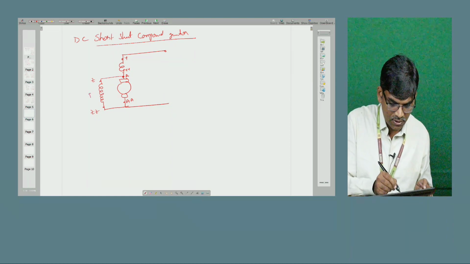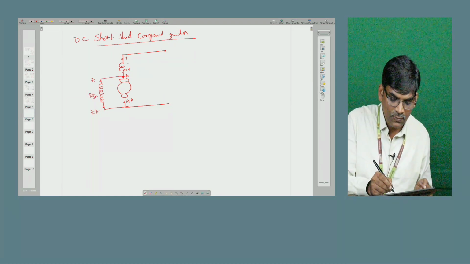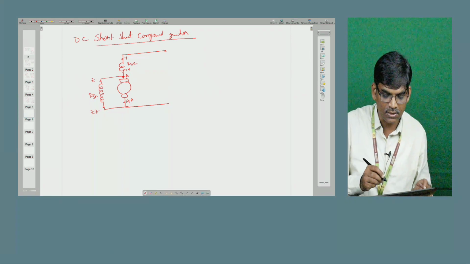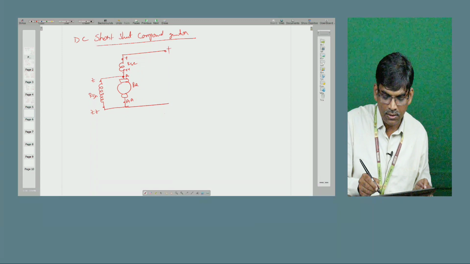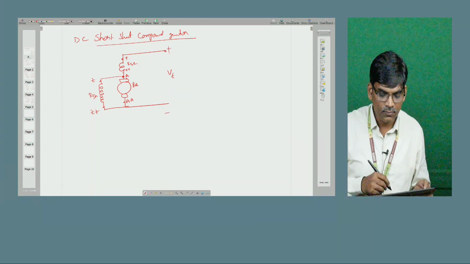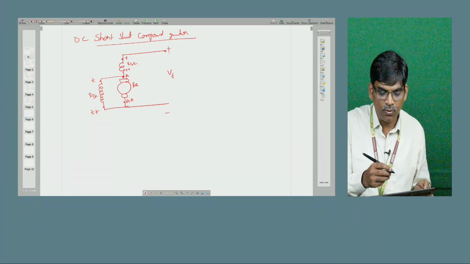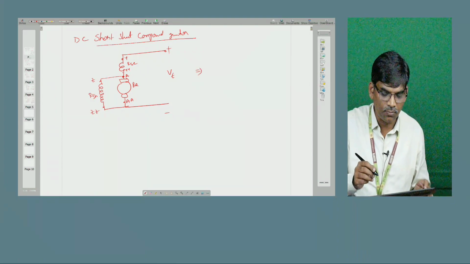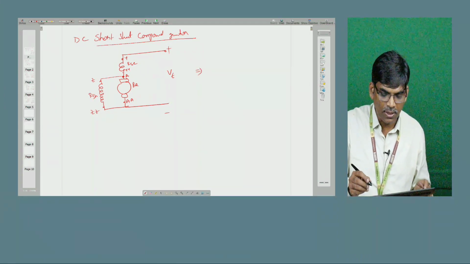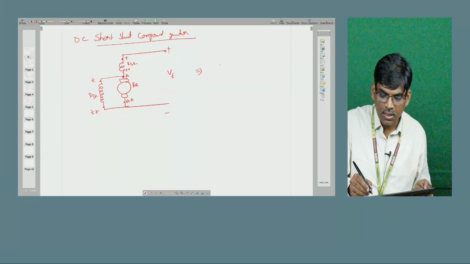The shunt field winding offers some resistance, called RSH. The series field winding offers resistance RSC, and the armature offers some resistance, called RA. Here is the terminal voltage. If you want to analyze this circuit, first replace the actual components and provide their equivalent circuit parameters.